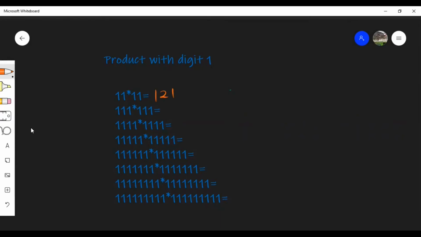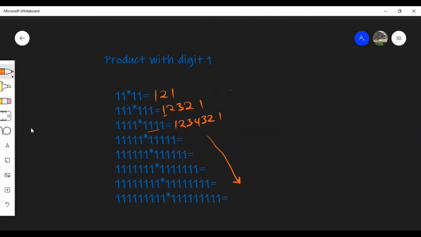If you multiply 111 by 111, it will give you 12321. It gives you a palindrome. The next one will give you 1234321. That's also another palindrome.